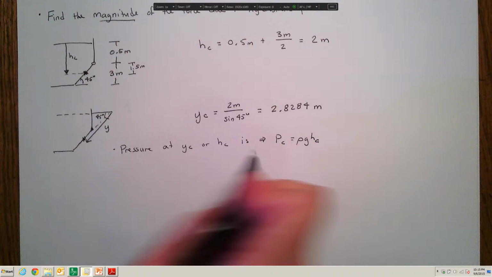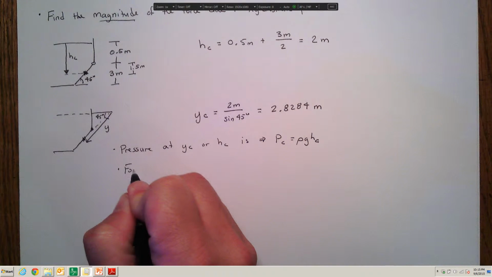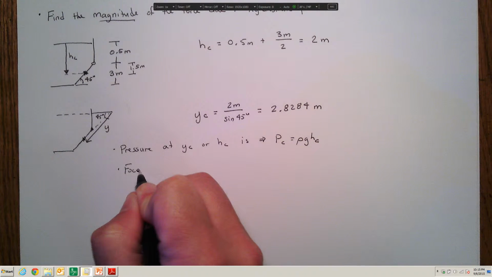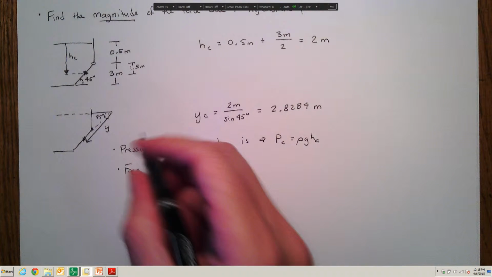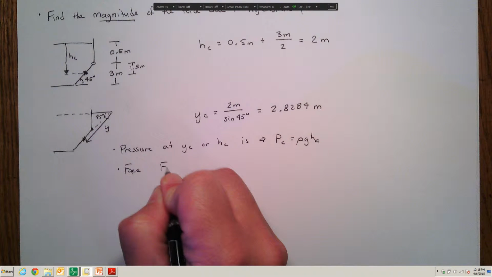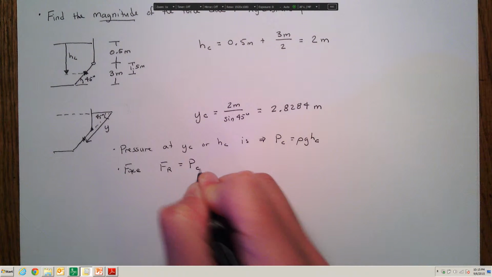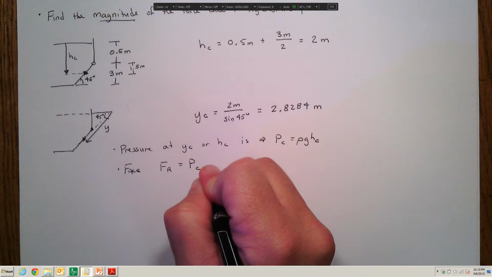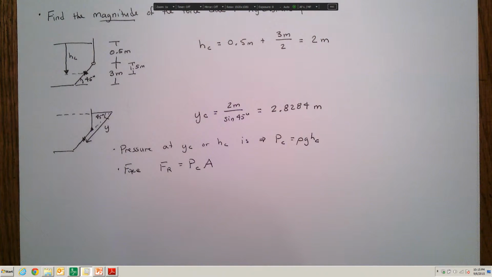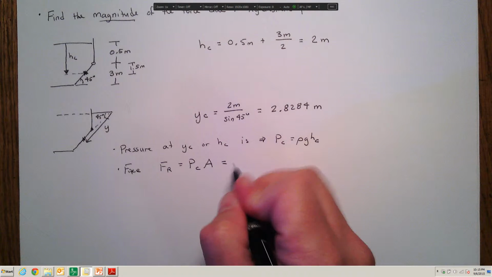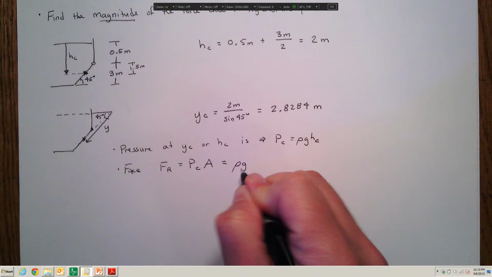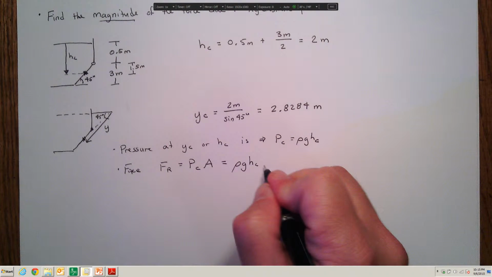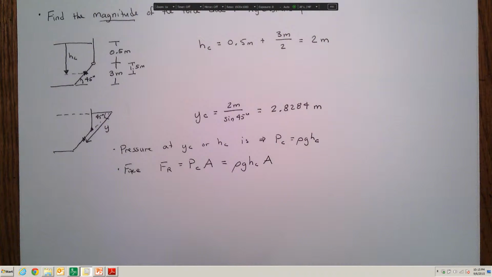The force magnitude is going to be the pressure at the centroid multiplied by the total area of the gate. If we substitute in, that gives us rho g h sub c times the surface area of the plate. That also means that we need to establish the surface area of the plate.